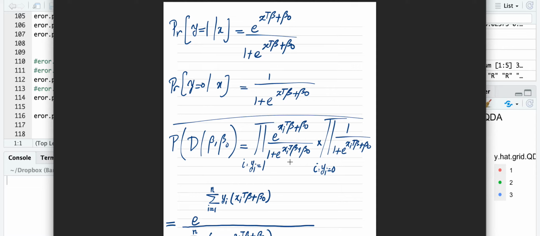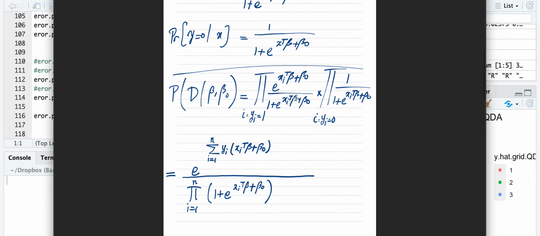So we separate the ones for which the label is 1 from the ones for which the label is 0. And for those where the label is 1, this is going to be the conditional probability, and for those where the label is 0, this is going to be the conditional probability.